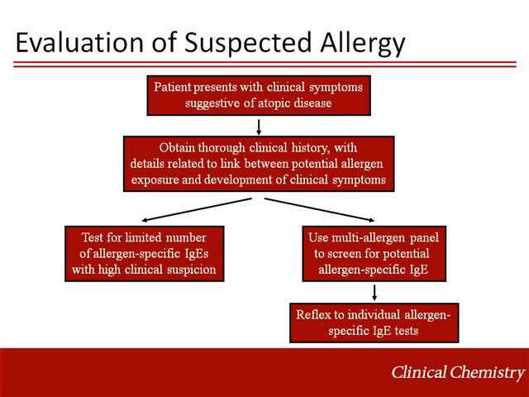These are panels in which multiple allergens are included in a single reaction with the generation of a single result. If the result is negative, then the presence of an IgE antibody to any of those allergens has been ruled out. On the other hand, if the result is positive, then the interpretation is that the patient has an IgE antibody to at least one of the allergens, and follow-up testing is necessary to identify the specific antibodies.